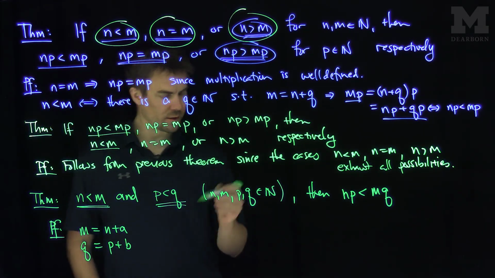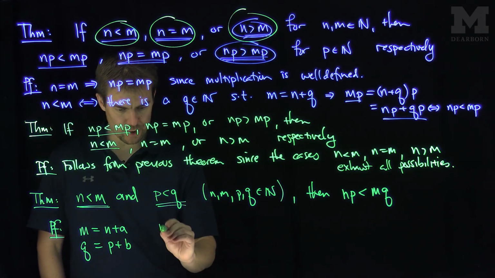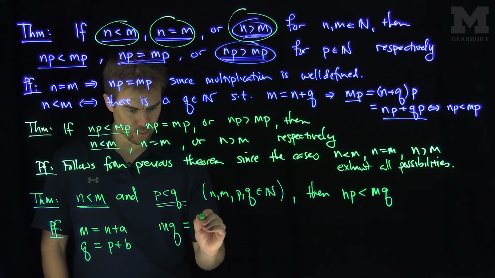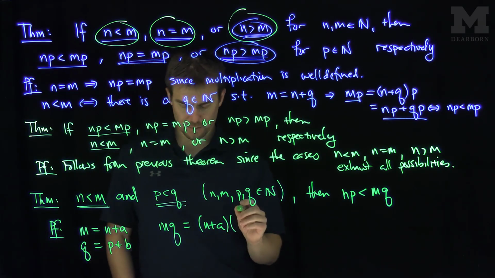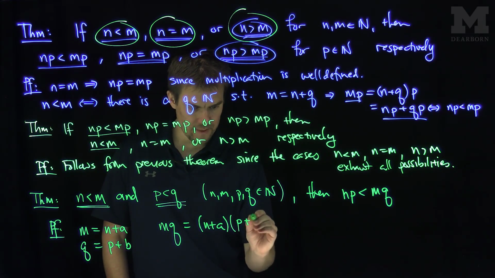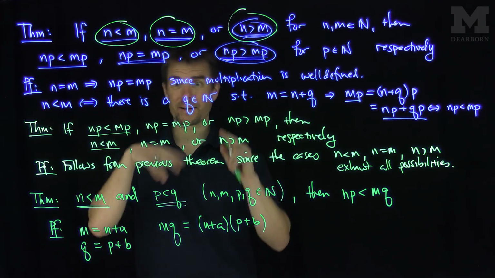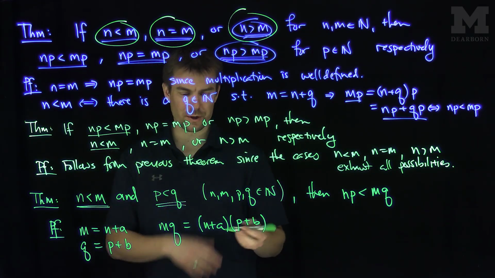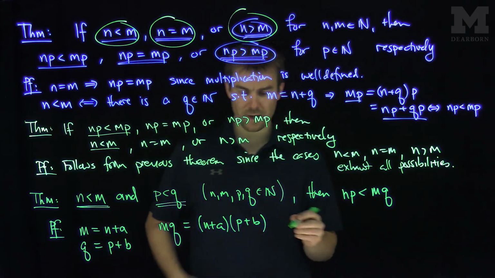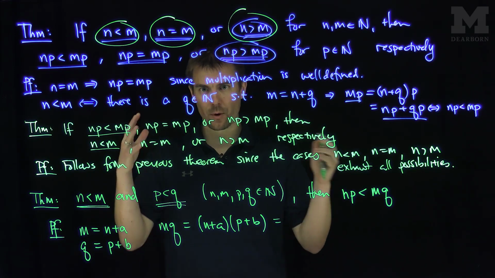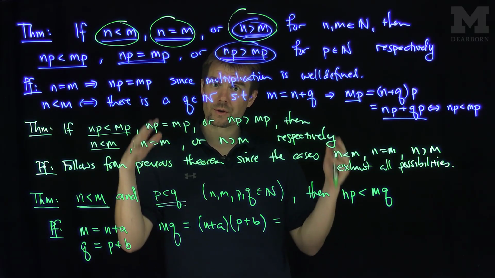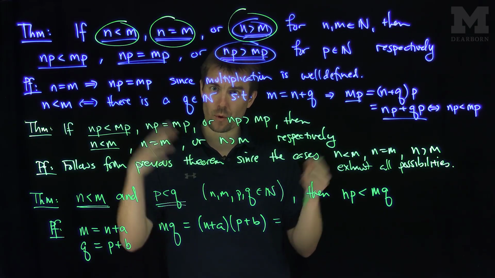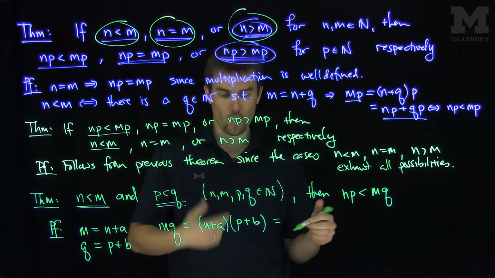And so now I can consider m times q. So m times q is equal to n plus a times p plus b. And now I can FOIL, I can distribute twice. By my distributive law of multiplication, I'm going to simultaneously in this step use all of the properties we've proven. I'm going to distribute, associate, and commute at will.